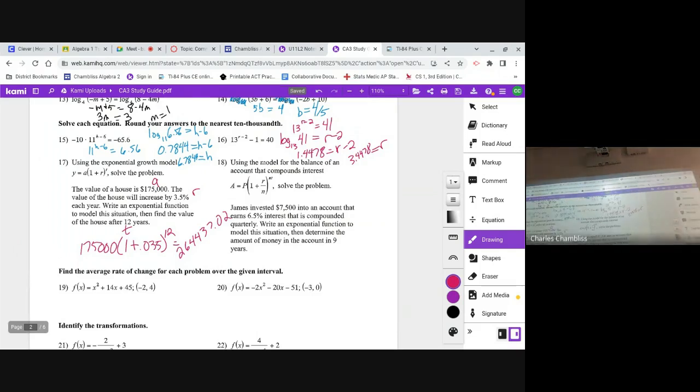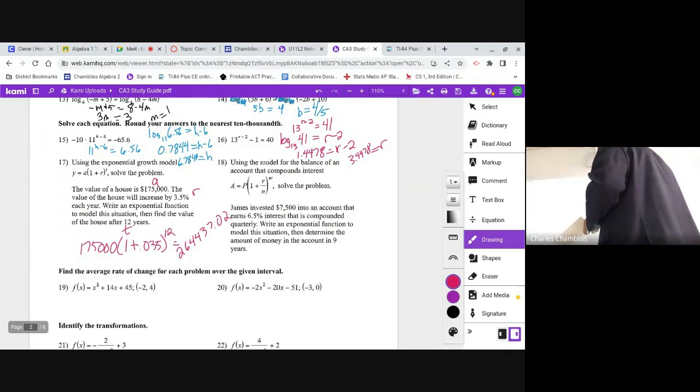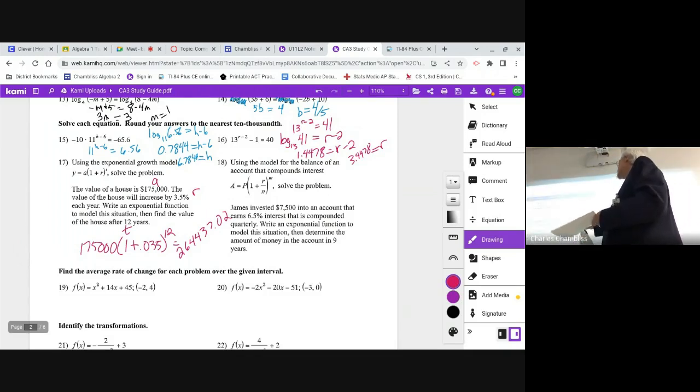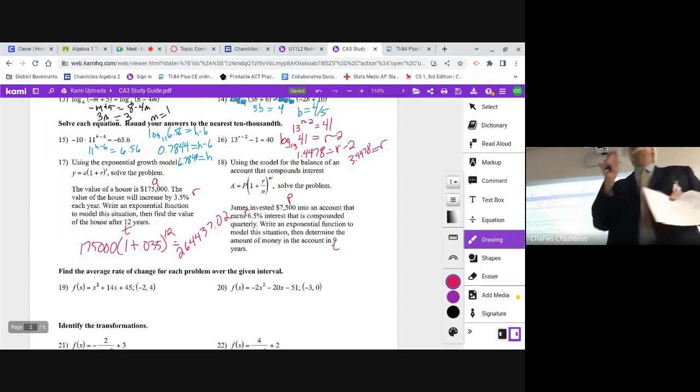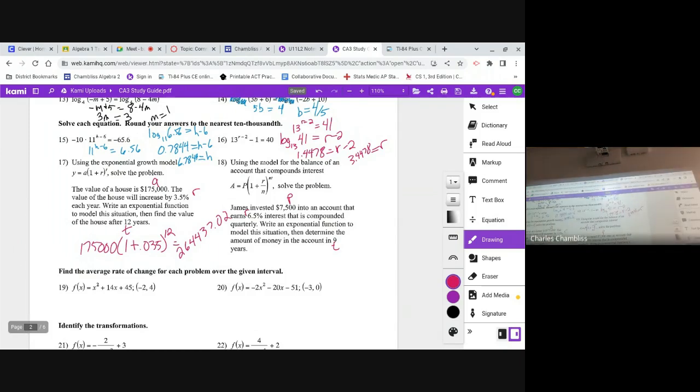Okay. R is the interest rate. A is the starting amount. And then T is time. In this problem, we're looking for the amount in the account, the principal, that's where you started off with. So this is P. The 0.065, the interest, that's R. T is 9, but here the N, that's the number of compoundings per year.